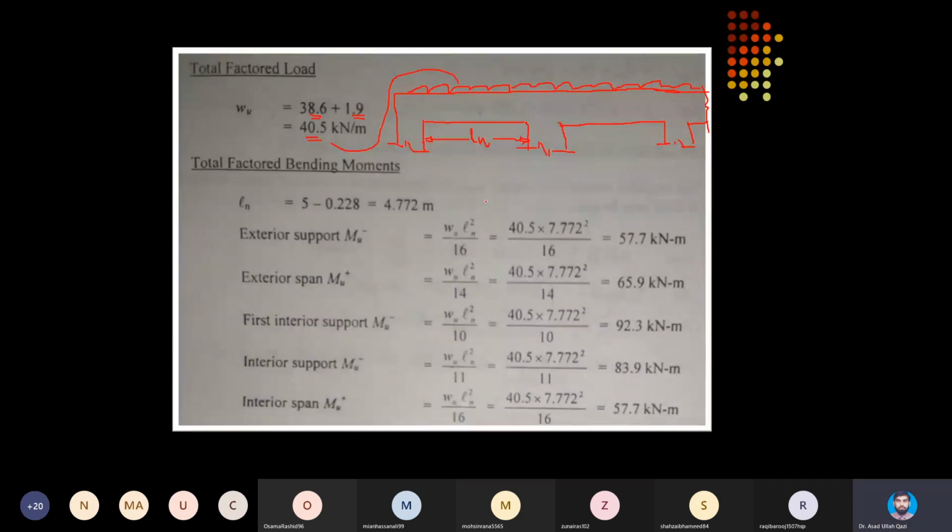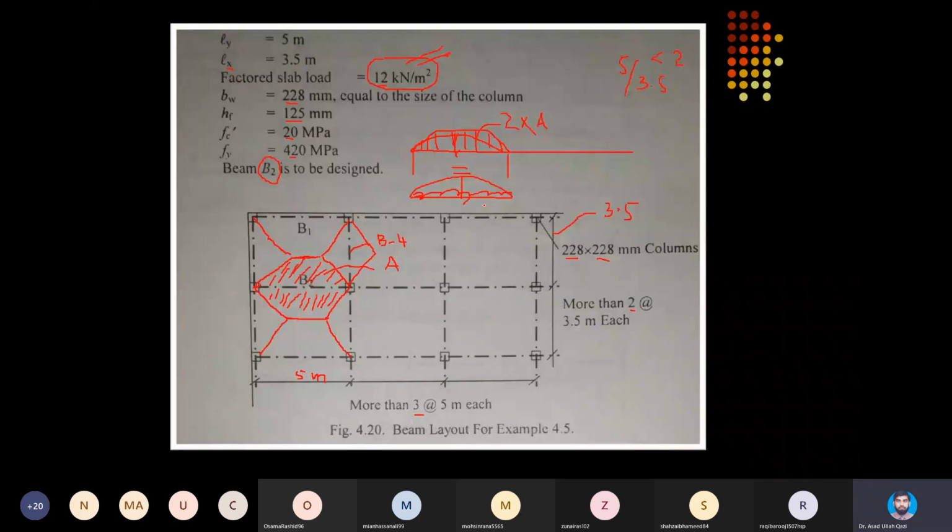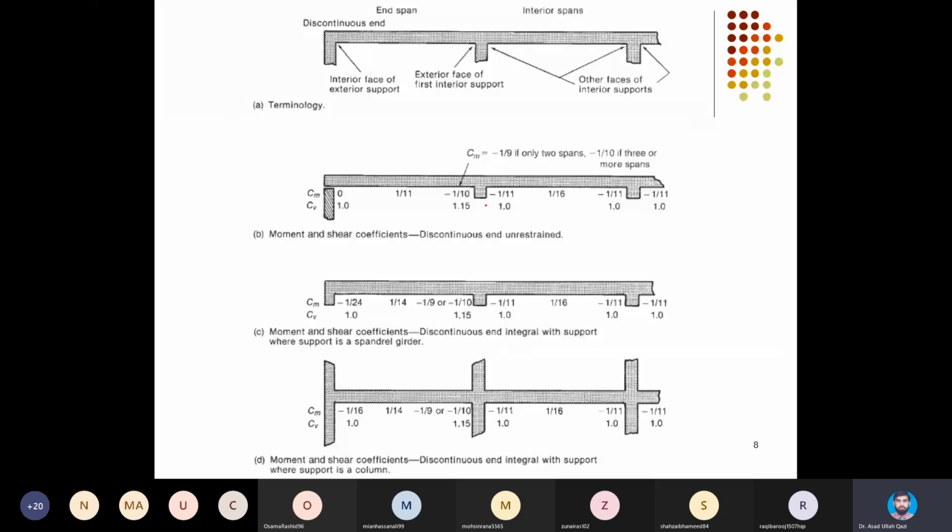This particular example problem is referring to a structural system where beams are framing into the RC columns. So if I take you to that picture, this picture is actually valid that beams are framing into the columns.